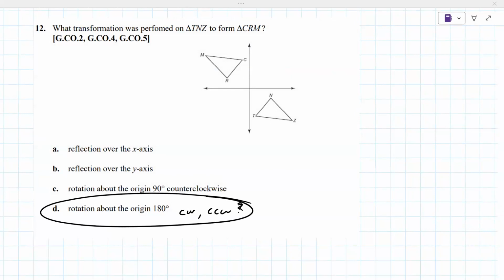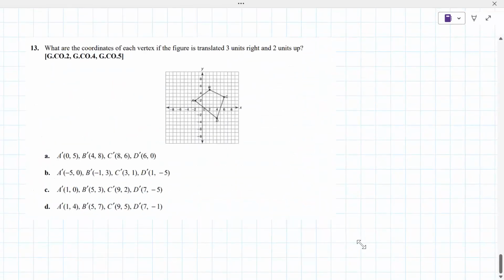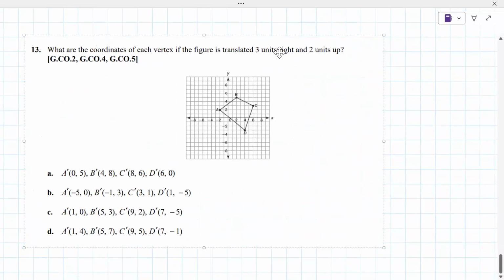All right, let's make this our last one for today. You definitely have all this down. All right, so 3 units to the right and 2 units up. Probably good to just pick an ordered pair again and then shift it and flip it. Where's B?